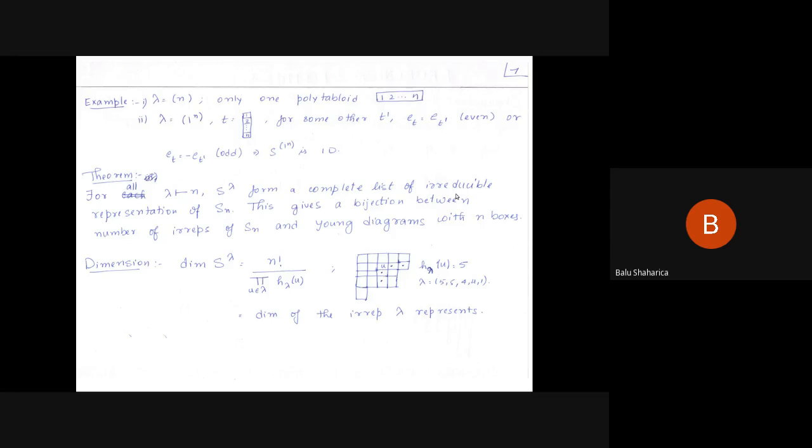This theorem also shows that there's a bijection between the number of irreps and Young tableaux with n boxes.